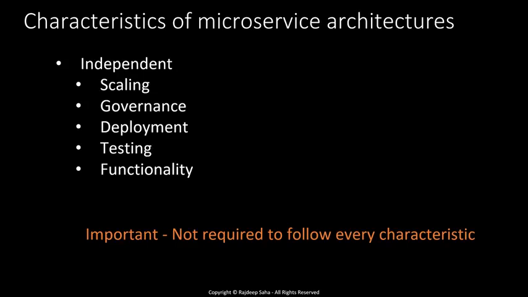So what are the characteristics of microservice architectures? The core property is each microservice is independent of each other. So each can scale irrespective of each other, as we saw. Since they are separate, you can apply different governance and security features, and you can deploy each of them independently.